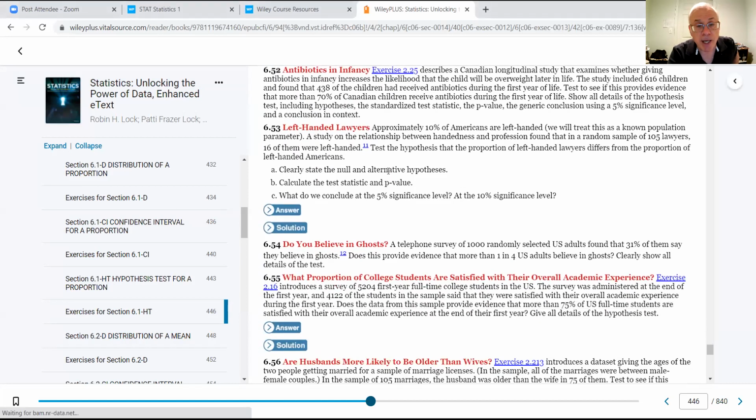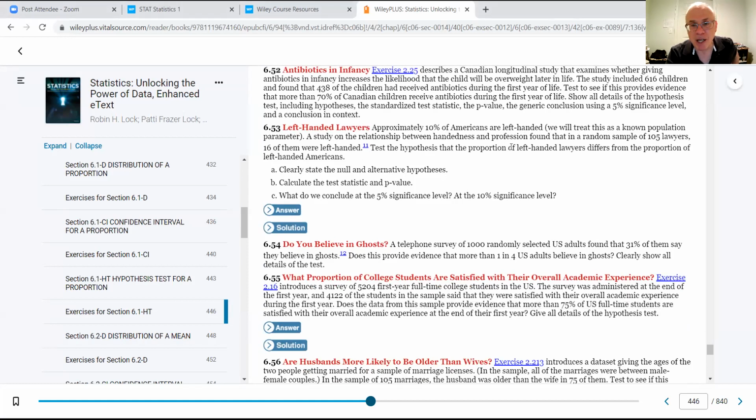It says left-handed lawyers. Now, it says approximately 10% of Americans are left-handed. So we're going to assume that is known. But suppose we're interested in looking at a group of lawyers. I don't know why, but that's what we're doing here.